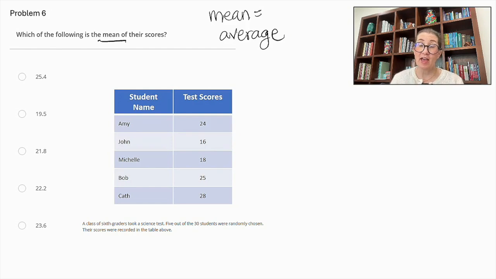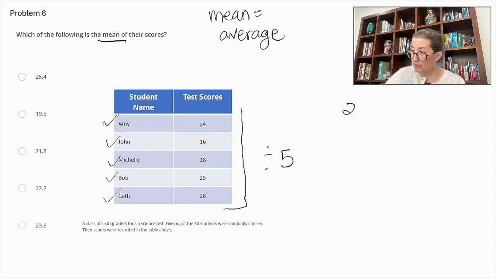How do you find the average? You add up all of the scores and then divide it by the number in the data set. So there are 5 in this data set. So let's do just that. 24 plus 16 plus 18 plus 25 plus 28.